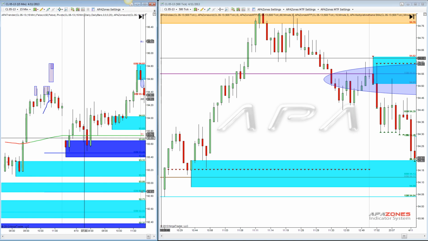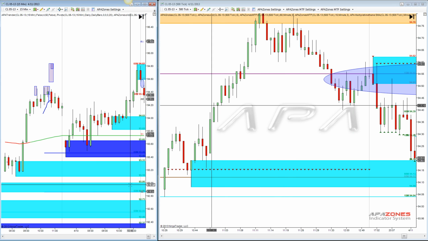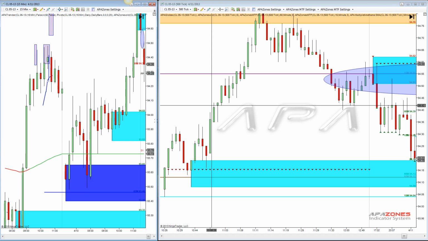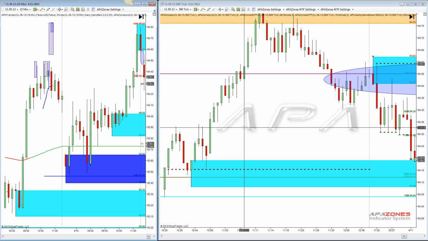You can see that we've been up for the past day at least, and we can see the nice little first bounce off of that 15-minute zone, and it was really close to that 60-minute level too. Just taking all that into consideration, we don't need to overanalyze anything too much, but we need to know where we are in the big picture of things.